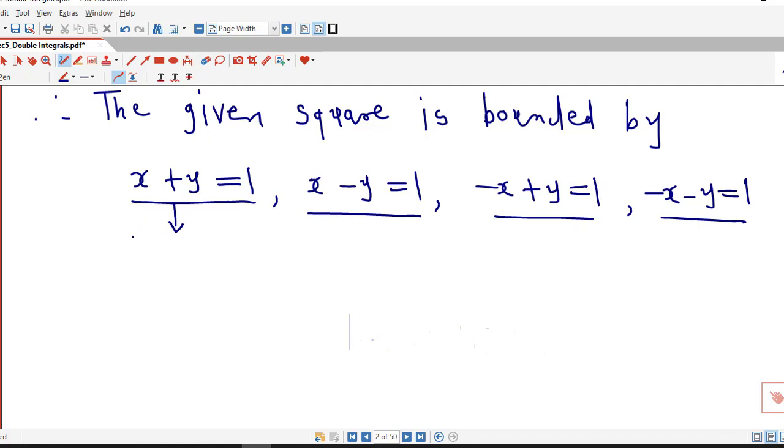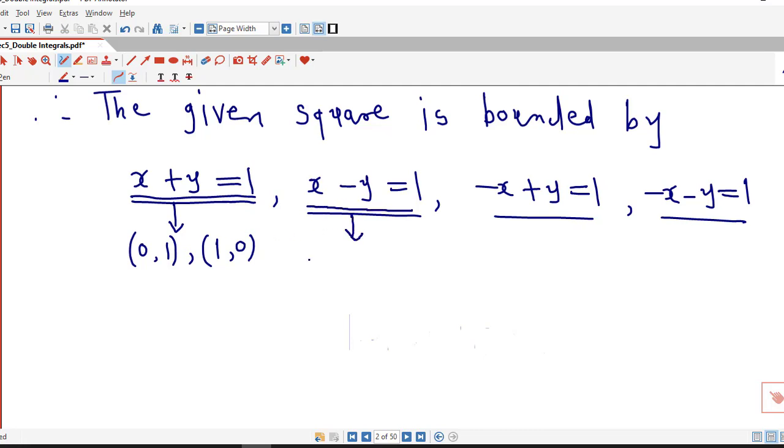So suppose I consider x equal to 0 in this equation, then I will obtain y equal to 1, and if I take y equal to 0, x will be 1. So this line is passing through (0, 1) and (1, 0).